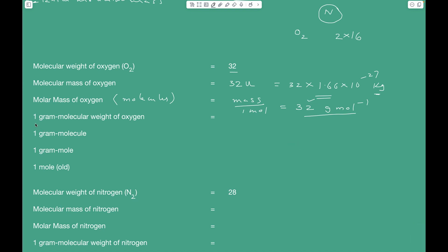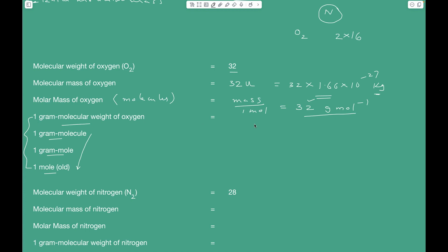Now the next question is, what is 1 gram molecular weight of oxygen? Again, gram molecular weight, gram molecule, gram mole and mole, all these are old vocabulary and they all mean the same. These are increasingly shorter versions of gram molecular weight.